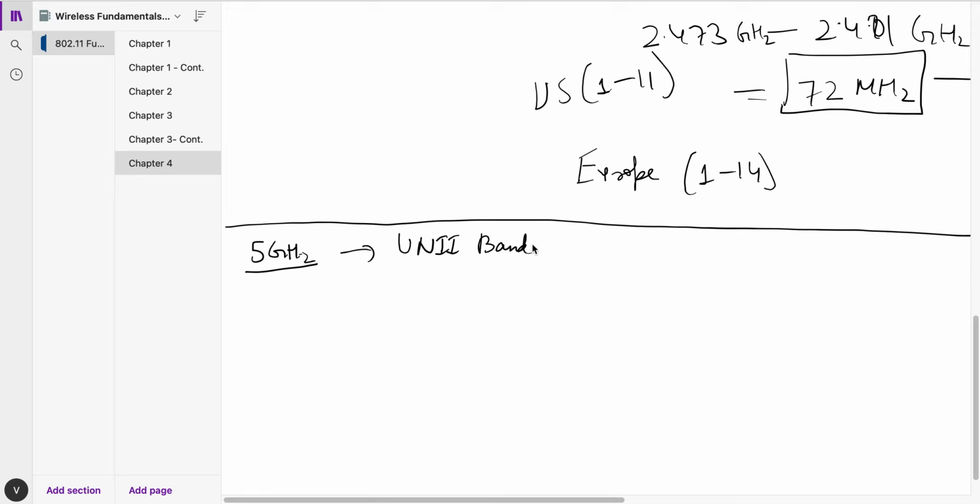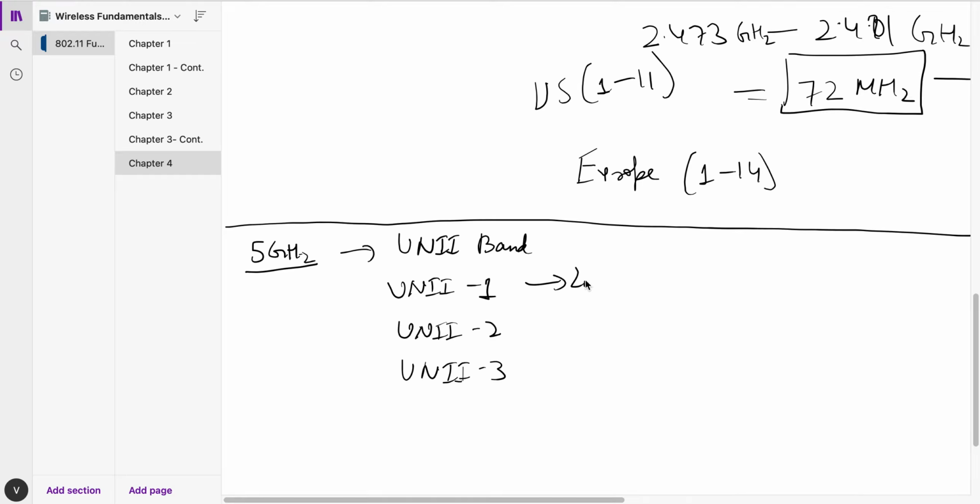We wanted more bandwidth to send traffic on 5 gigahertz, and we got three UNII bands from the government to send traffic. That is UNII 1, UNII 2, and UNII 3. These three bands we got to send traffic onto the 5 gigahertz spectrum.